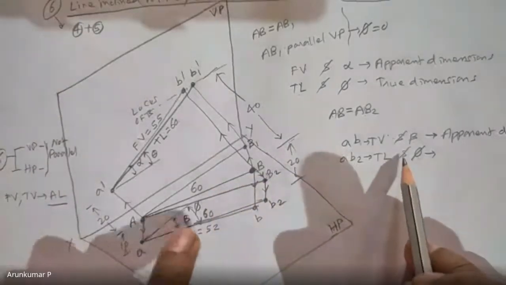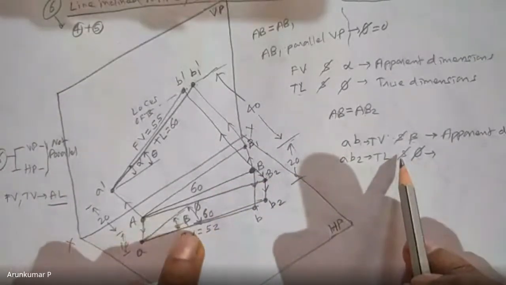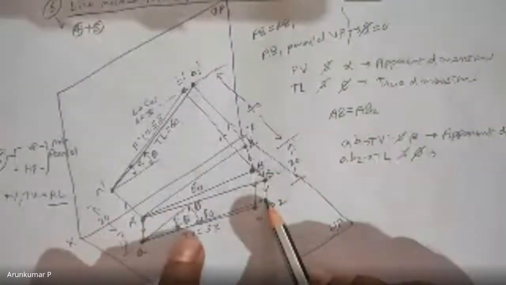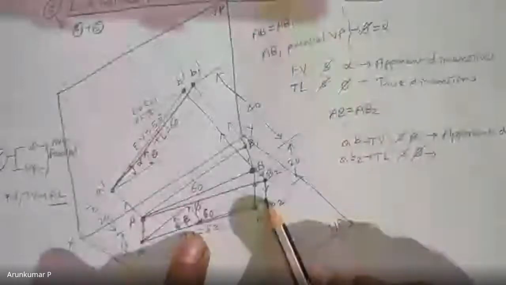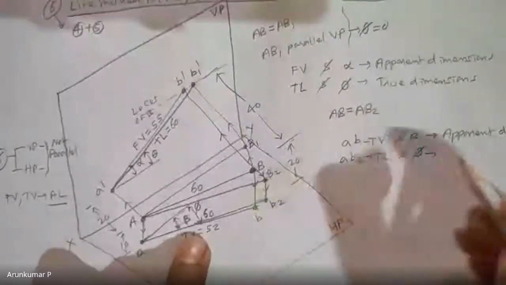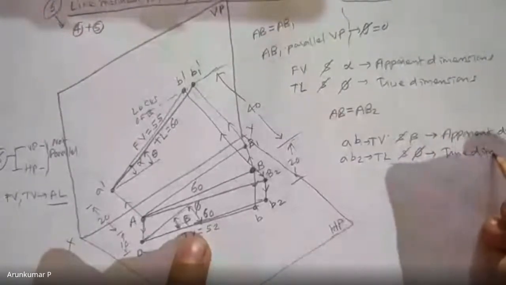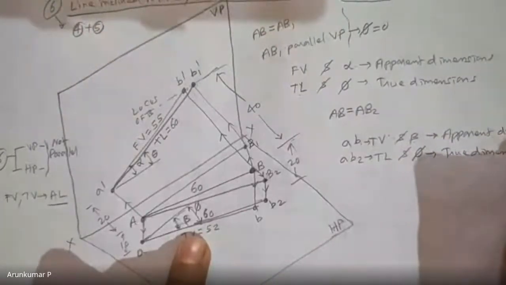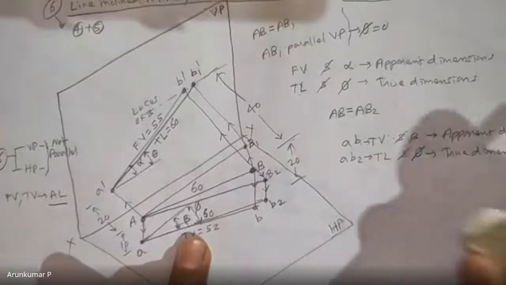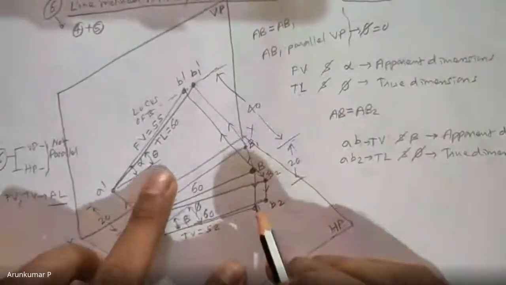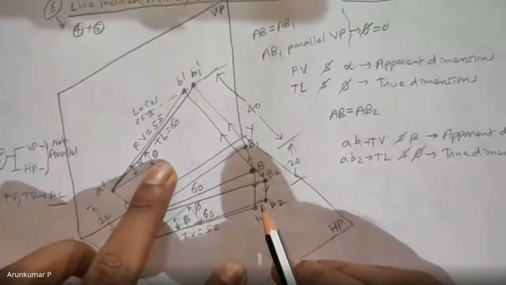Wait a second. There's something wrong here. Beta and phi, correct. These are true dimensions. Here I have made it wrong. Please note here, we are dealing with alpha and theta.